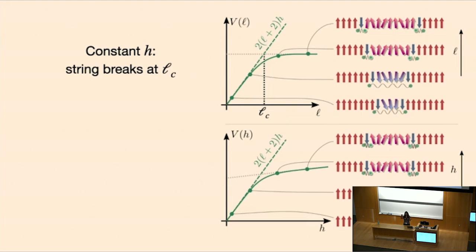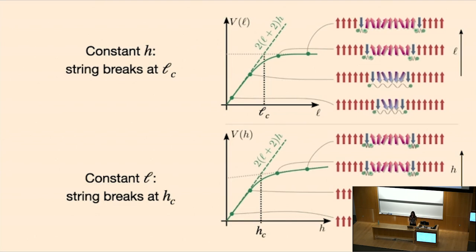If you think about it, the energy is proportional both to the distance and to the string tension. So if you increase the string tension, you will see that at some value, which we call H_C, there is this same kind of physics, this crossover, and then you will observe string breaking at this specific value of the longitudinal field.